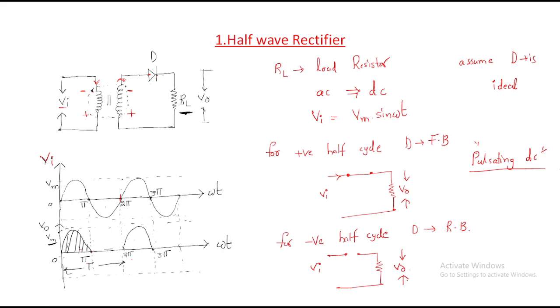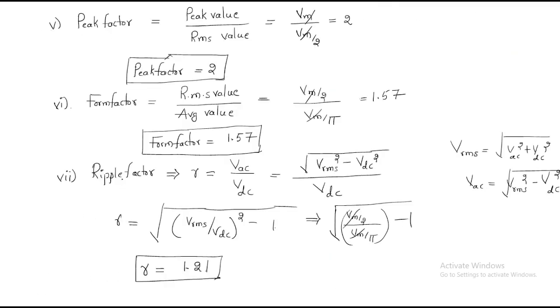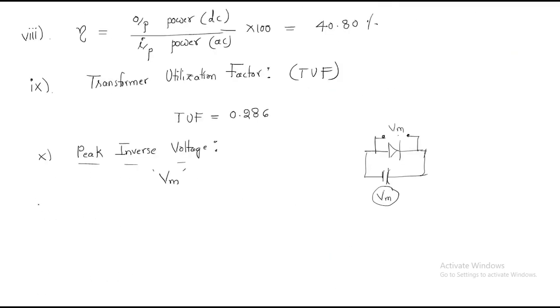Here we have some disadvantages of this half wave rectifier. The first point is that the ripple factor is high.